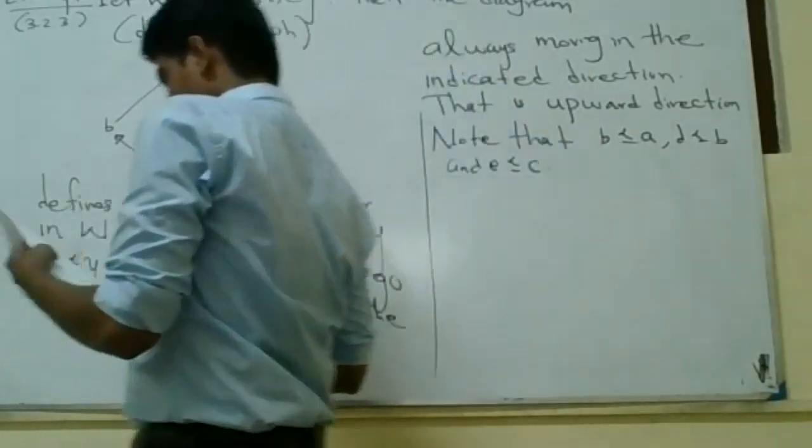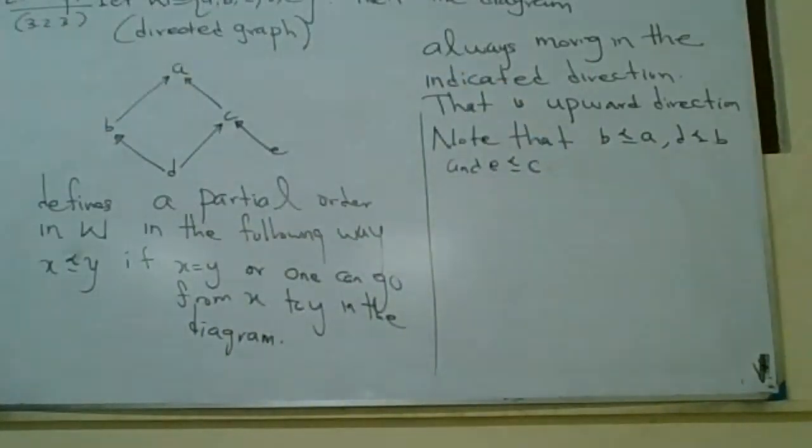Now you want to check whether this is a partial order or not. Right? The diagram is a partially ordered set diagram.